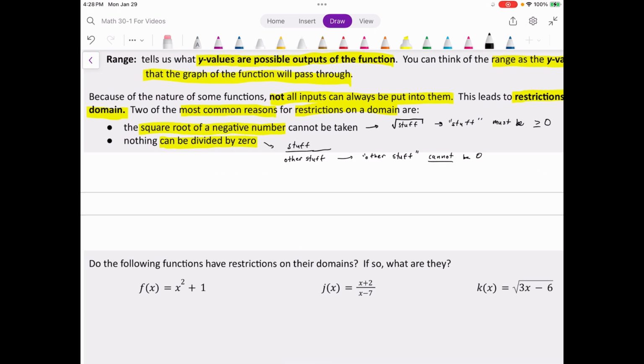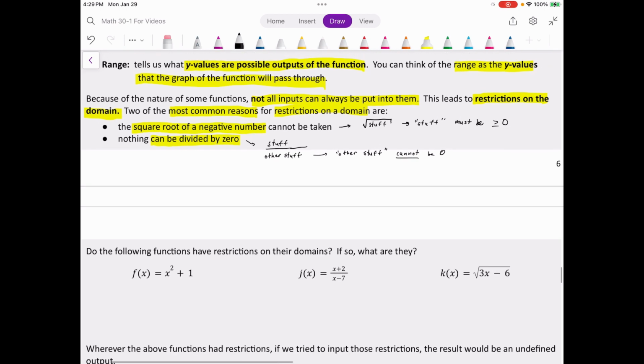And again, we talked about it earlier. You can't divide by 0 because division is about splitting something up into equal groups, right? Dividing a pizza in 2 is taking a pizza and splitting it up into 2 groups. You can't split something into 0 groups, right? Not splitting it at all, that's not splitting it up into 0 groups, it's leaving it in one big group, right? So dividing by 0 literally makes no sense.